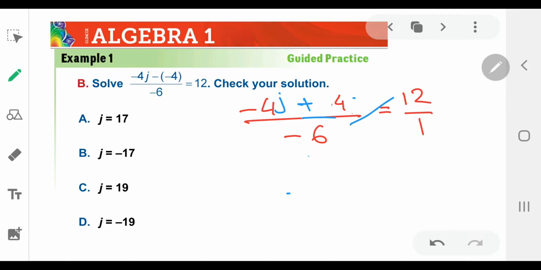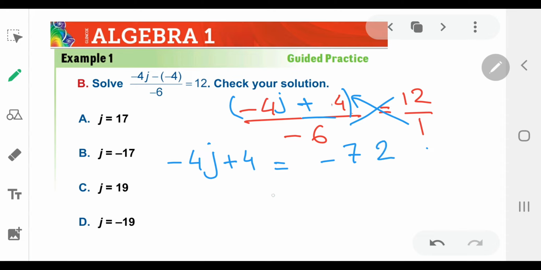Now I'm going to use cross multiplication. 1 times negative 4j plus 4, keeping this side as it is, is equal to negative 6 times 12.